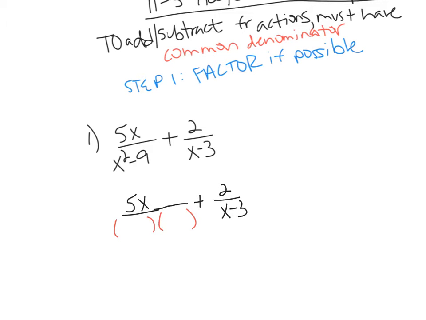The square root of 9 is 3. And since it's a difference of squares, one's positive, one's negative, that's how I don't have a middle term. So first step is to factor. If something is not linear, factor it down.